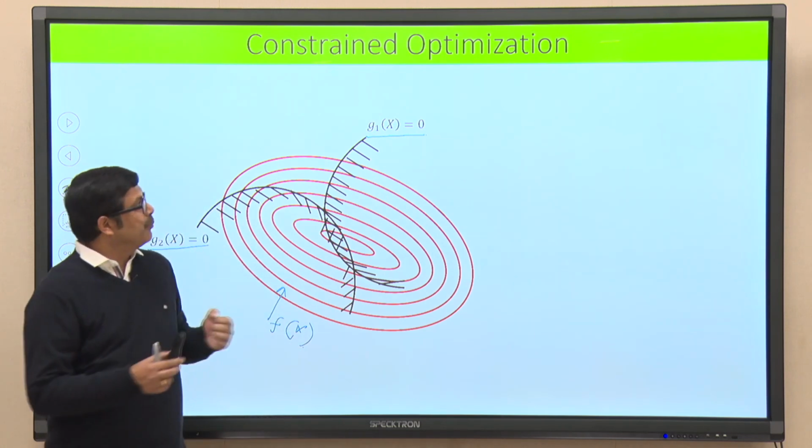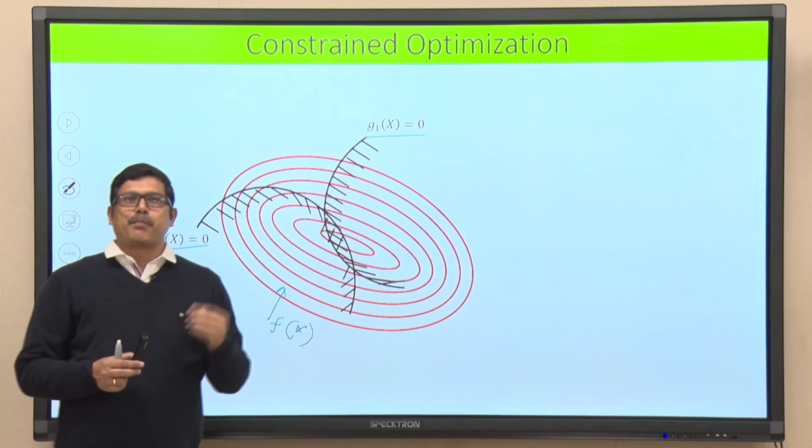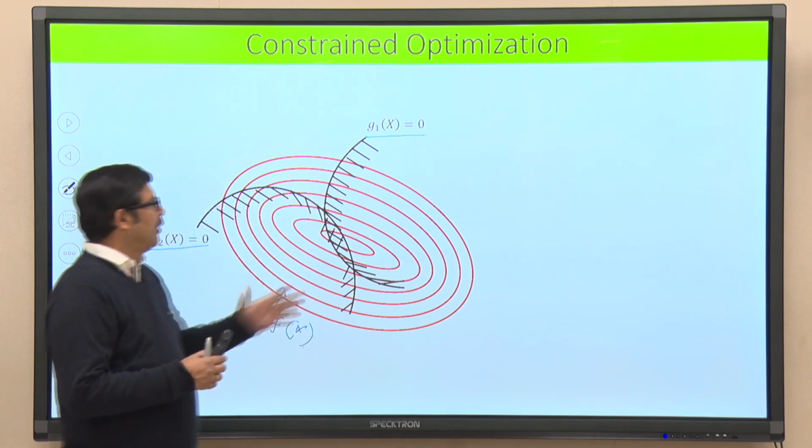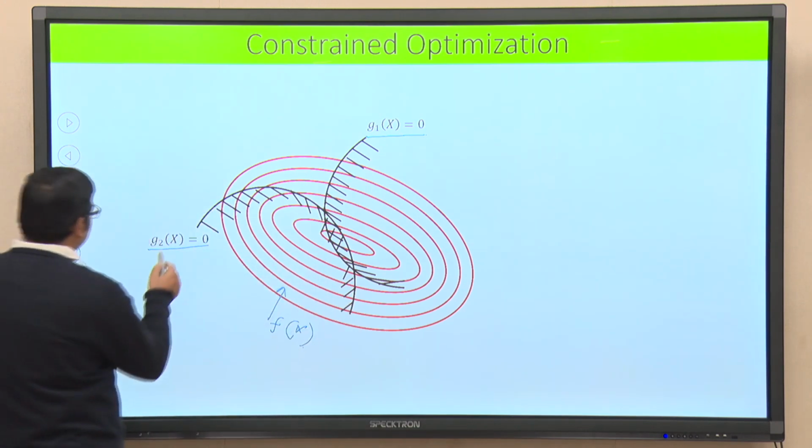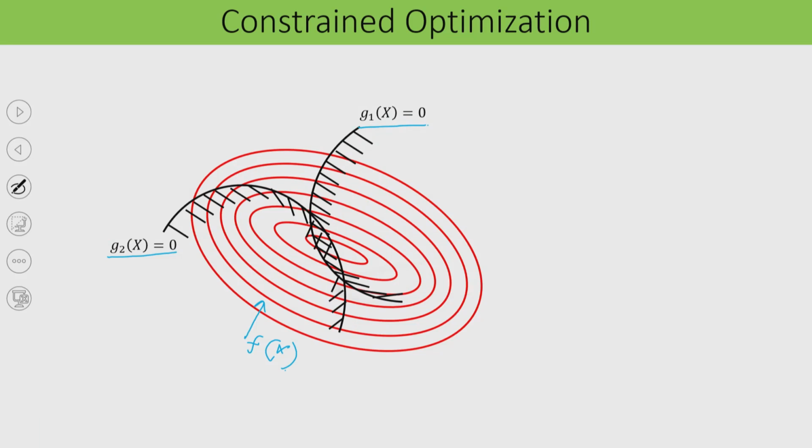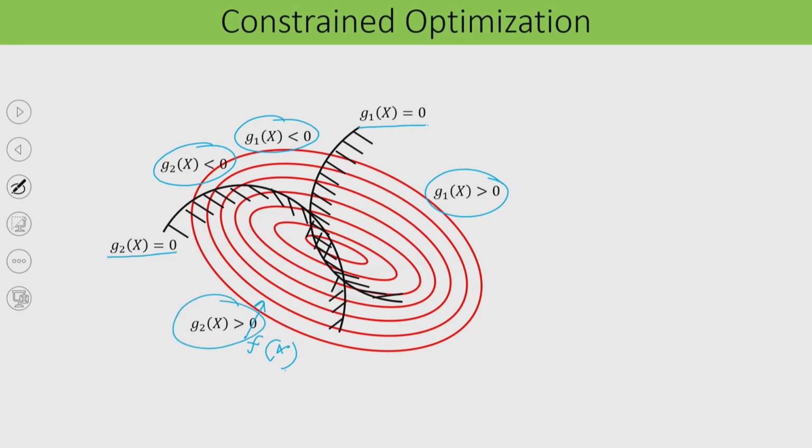What does active constraint mean? That basically the solution is on that particular constraint. So we have two constraints here, g 1 equal to 0 and g 2 equal to 0, and this is a less than or equal type constraint. This is the region where g 1 is less than 0 and g 2 is less than 0, and this is the region where g 1 is greater than 0 and g 2 is greater than 0.